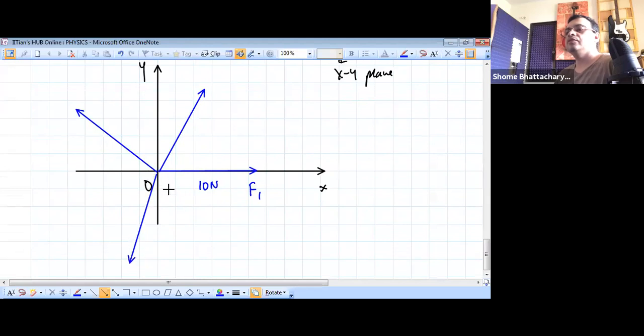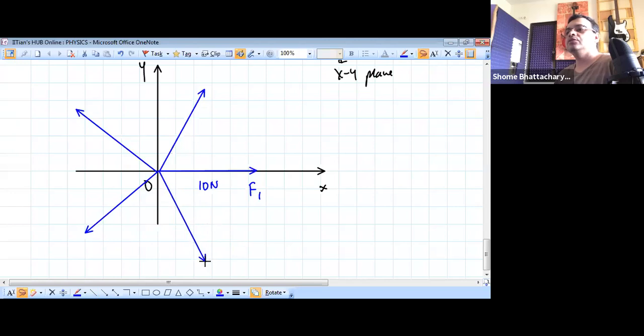Finally, F5 will be somewhere over here. So these forces would have to be along directions such that the angle between any two consecutive forces is the same. That's the trick over here to understand.